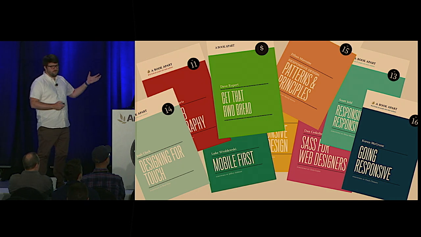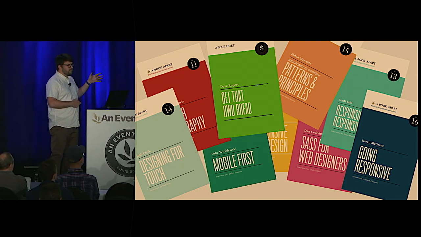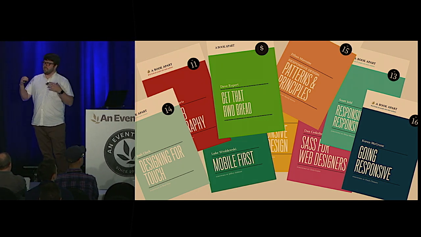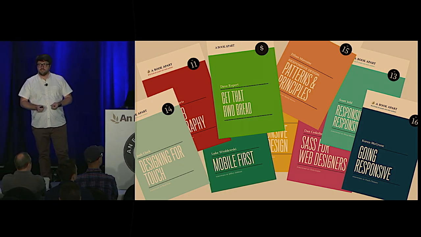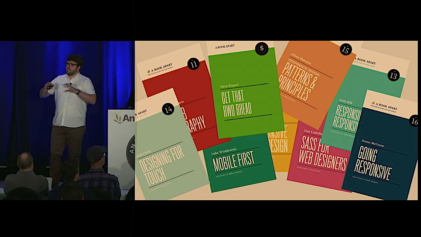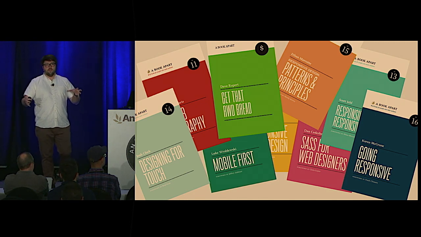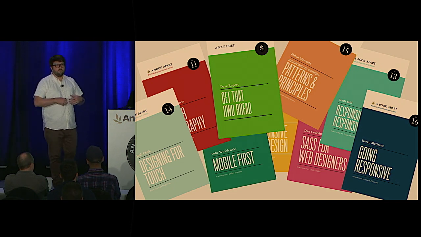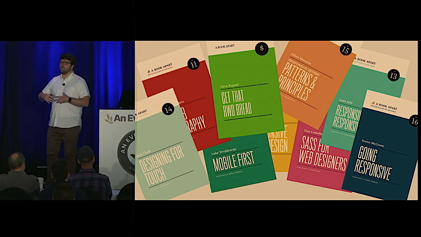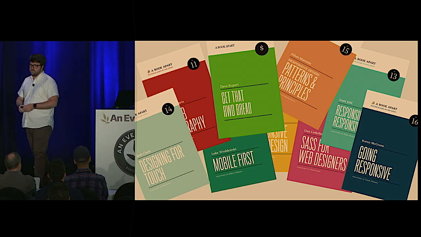And then Karen McGrane wrote a book called Going Responsive. And I think that this is a critical point in responsive web design's life, because Karen, through her consulting and her work on the Responsive Web Design podcast with Ethan, interviewed a lot of companies who were making the transition to a responsive website.